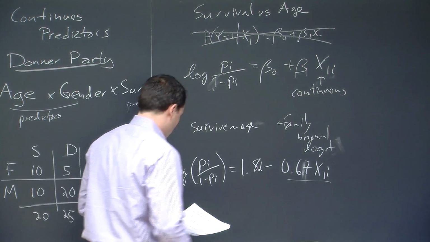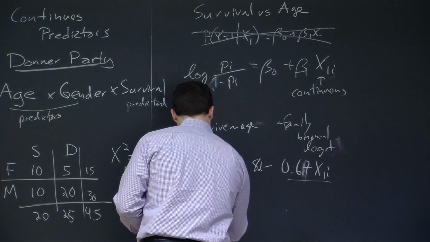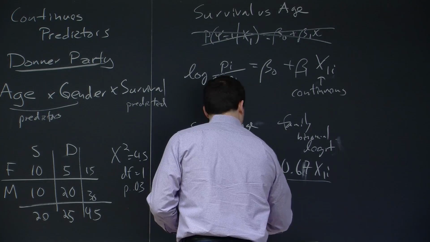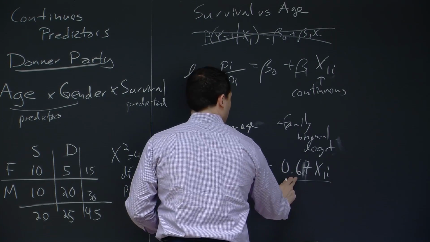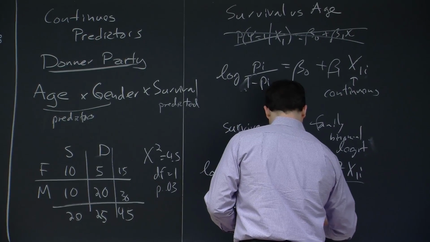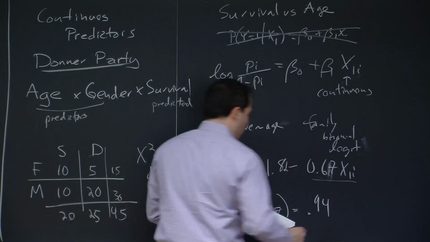But another way of thinking about this is what's the effect when we exponentiate the coefficient, beta 1. We get 0.94.